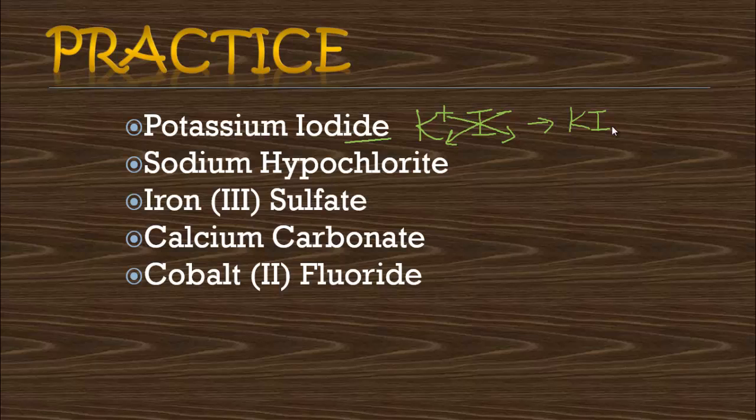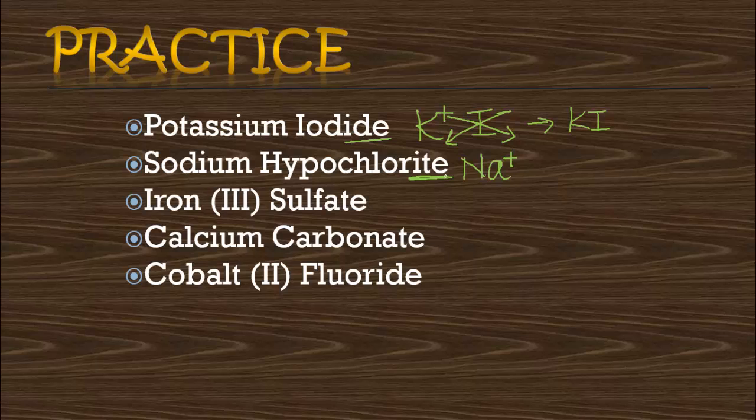Next one, sodium hypochlorite. So we'll start with the cation. Cation is sodium. Sodium is Na, and it comes with a positive charge. Hypochlorite, well, that's got that ITE in there, so we're going to look at the side with our polyatomic ions.